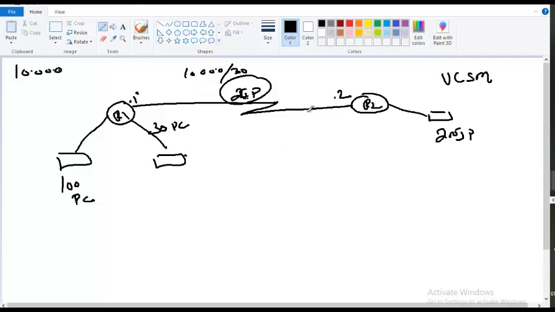Isn't it? Because the next network will be what? The next network will be 10.0.0.4, the next after the network broadcast. If you increment by 4, the first subnet is 10.0.0.0, the second subnet is 10.0.0.4.